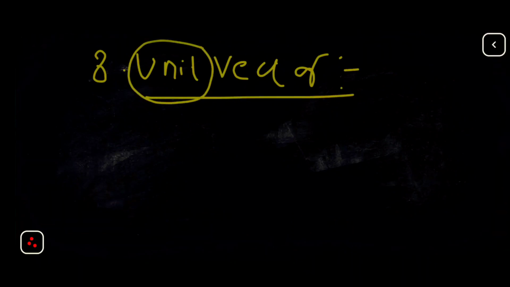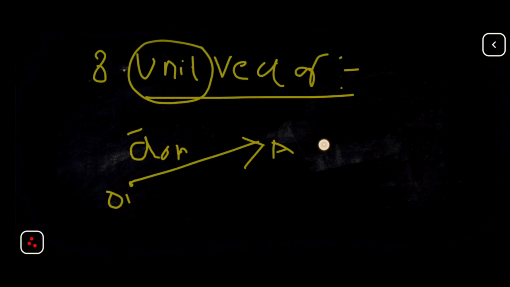A unit vector has a function to indicate the direction of any vector. Suppose OA, already we showed that O and A is the vector, its direction is given by the unit vector, small a of OA. The magnitude of the unit vector is 1. That's why it is called a unit vector.